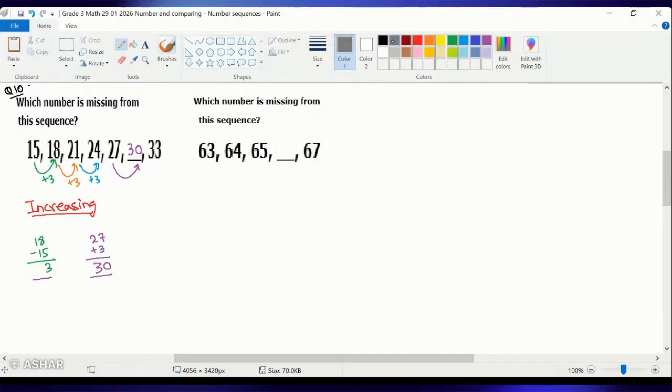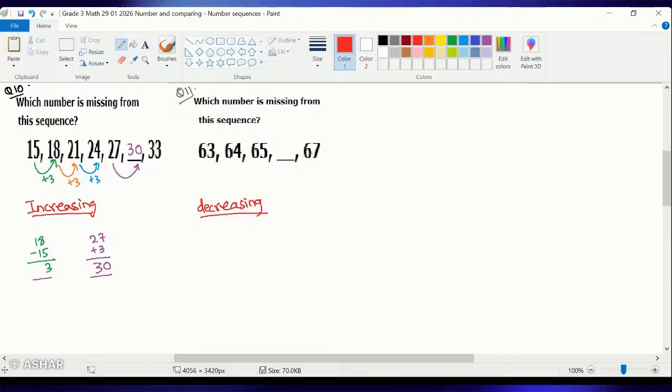In question number 11, it says 63, 64, 65. That means it's decreasing, and it's quite simple because each number is decreasing by 1, right?